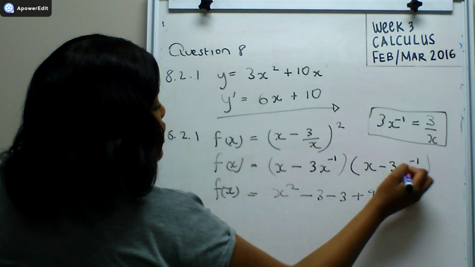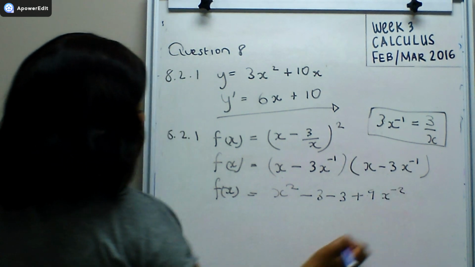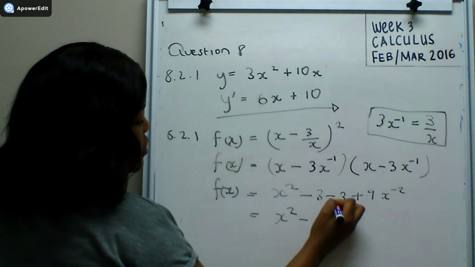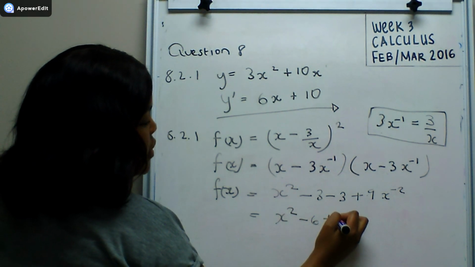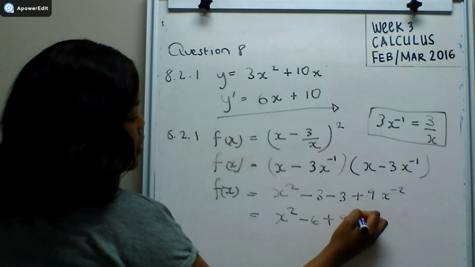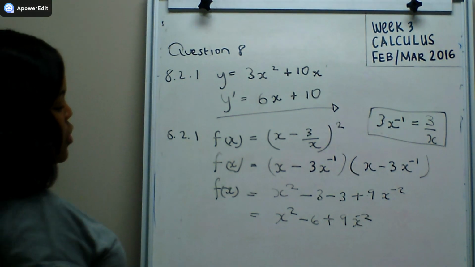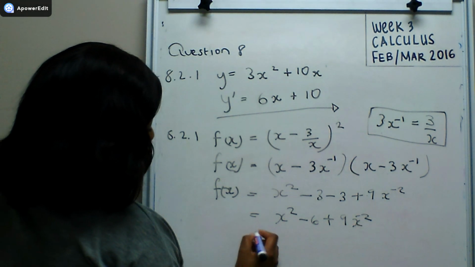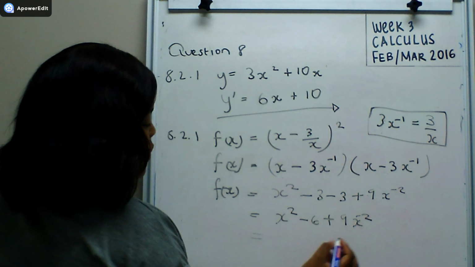So as you can see, I got x squared minus 3 plus 9x to the power of negative 2. So negative 3 and negative 3 become negative 6. So my final answer is x squared minus 6 plus 9x to the power negative 2. That is when it's simplified.